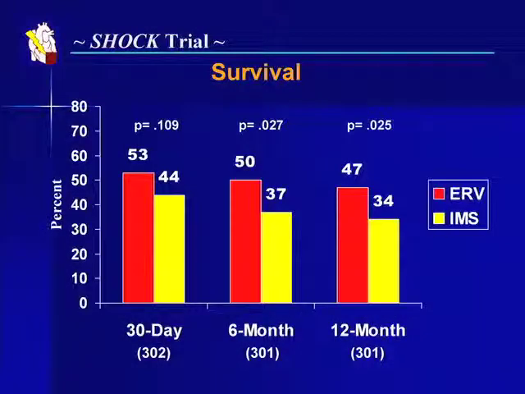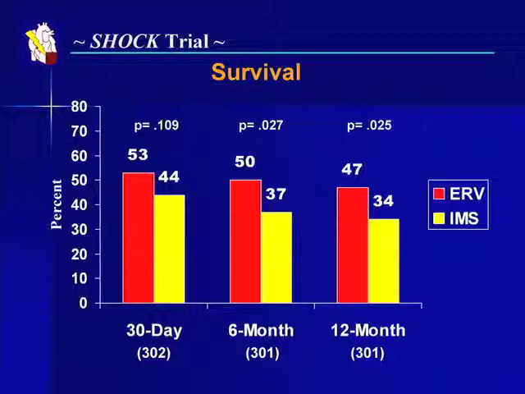In this trial, at the end of 30 days, when you take a look at the number of absolute lives saved, there were 11 lives saved compared to not doing anything at all and medical observation. And this number increased to 13 per 100 lives saved for every 100 patients treated at 1 year, statistically significant.